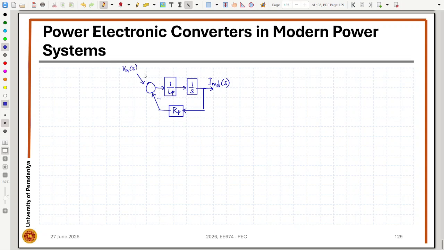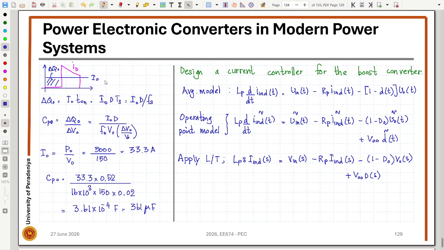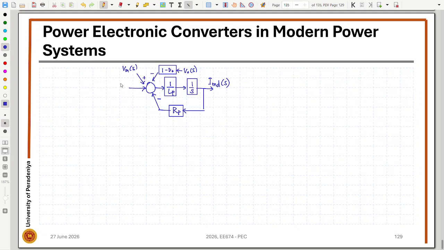We have v in(s), and we have the d(s). So this is going to be the plant model.